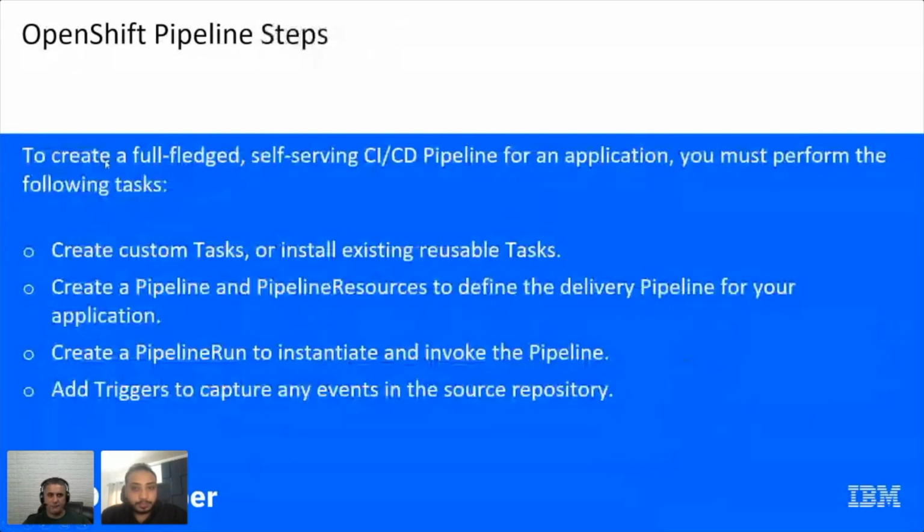All right, so the OpenShift pipeline steps. To create a full-fledged self-serving CD pipeline for an application, you must perform the following tasks. You create custom tasks, or you can have what are called cluster tasks, reusable tasks. There's a task, for example, that Mostafa and I were really working on a lot called Buildah. Buildah is a build-inside-Kubernetes task.